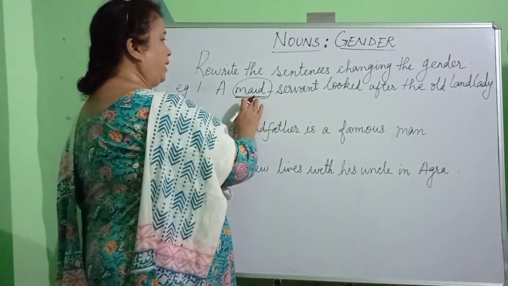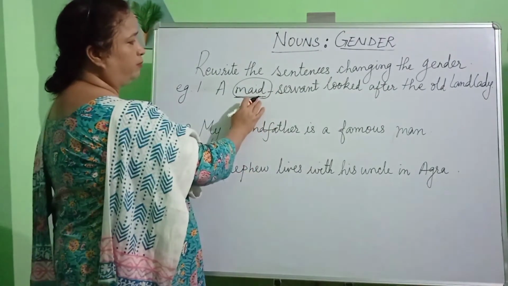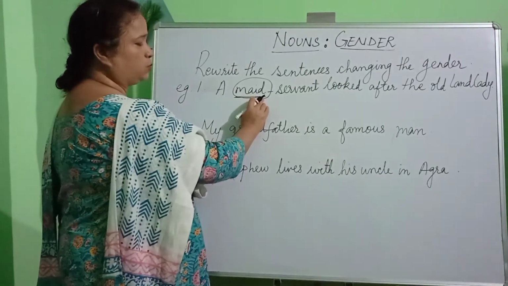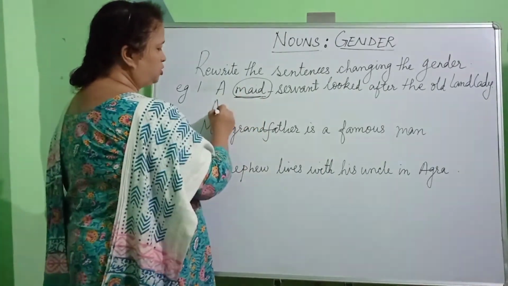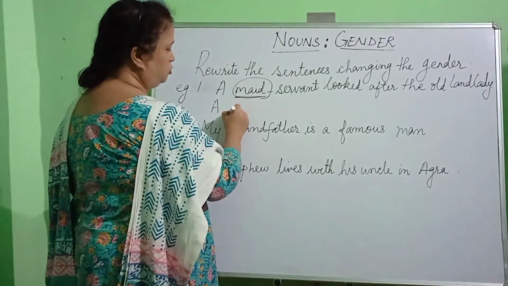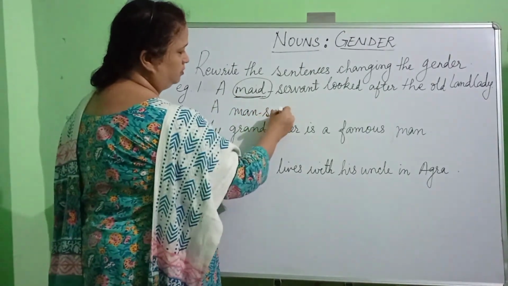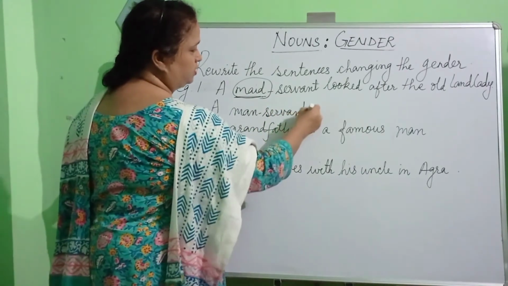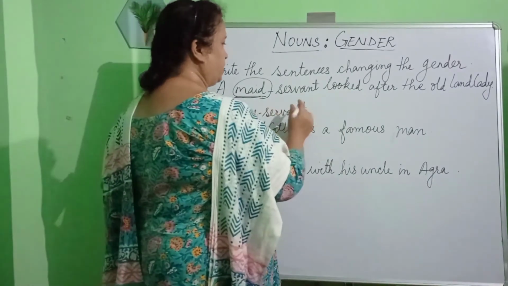Now, instead of the man servant, over here we have maid servant. So we underline this word maid. Now what do we need to do? We need to change the maid to man. The man servant. Since servant is a common gender, we do not change that word. We write a man servant.